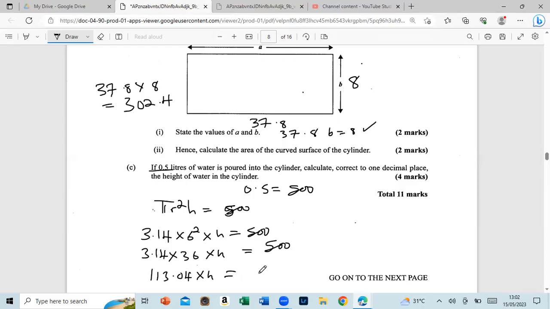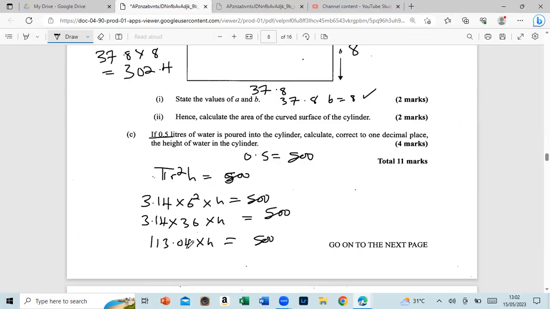So to transpose now, all we're doing is dividing 500 by 113.04, and that will give us the height. Let me punch it in my calculator, give me a second.